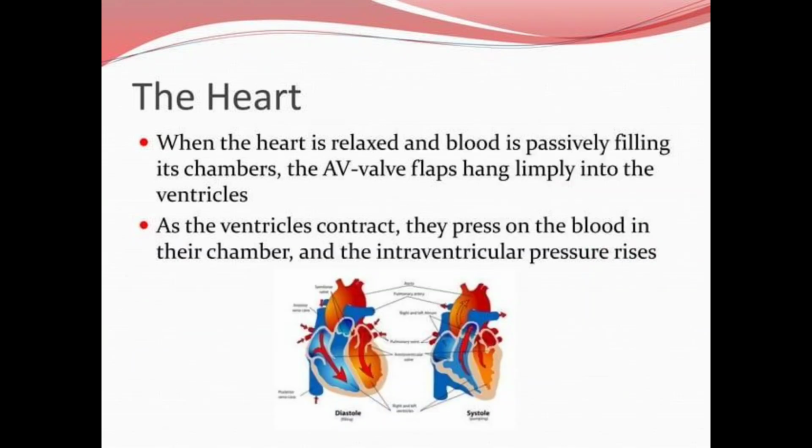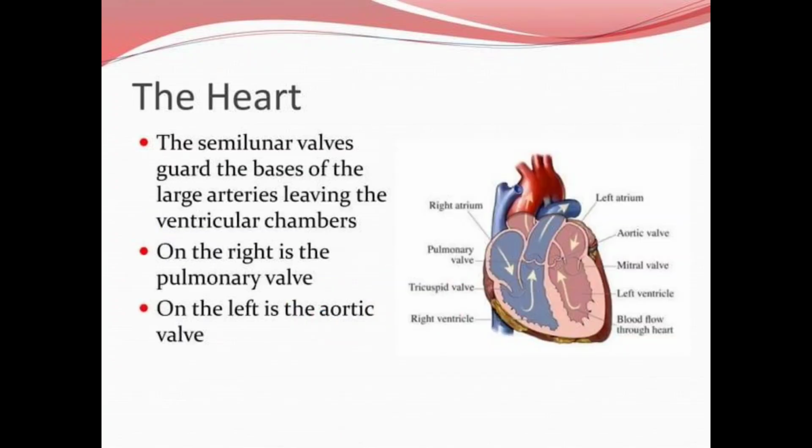When the heart is relaxed and blood is passively filling the chambers, the atrioventricular valve flaps hang limp into the ventricles. As the ventricles contract, they press on the blood in their chambers and the intraventricular pressure starts to rise.